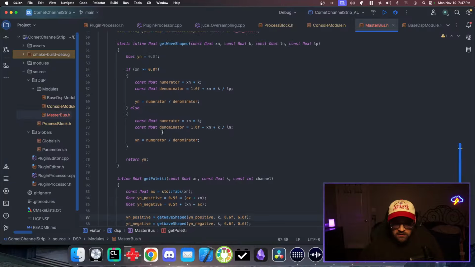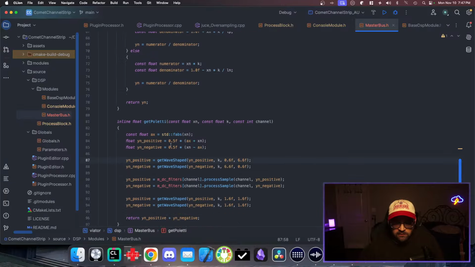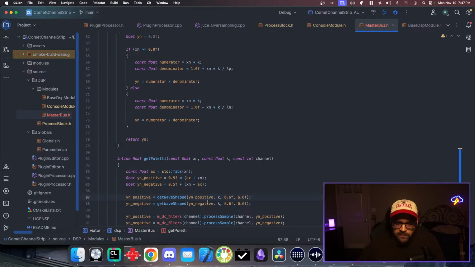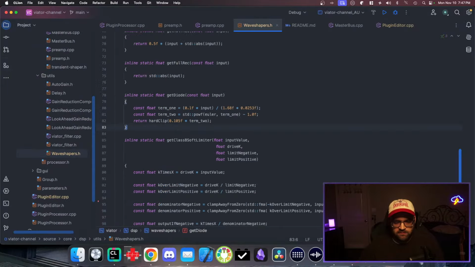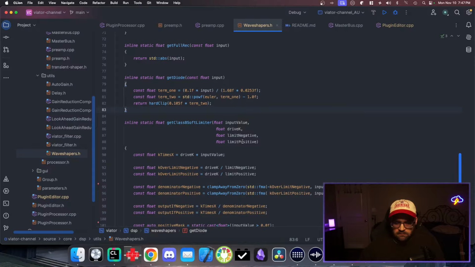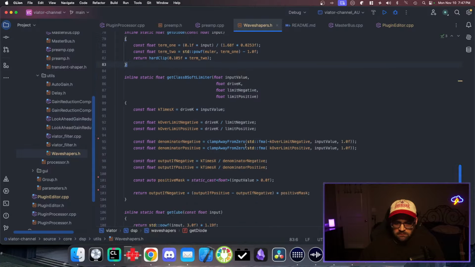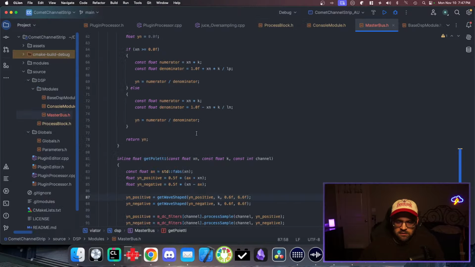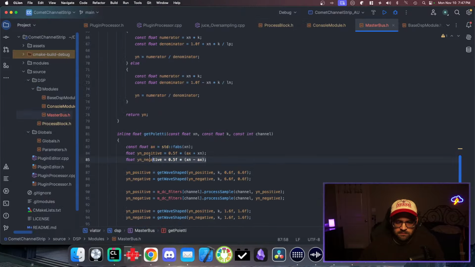Now we can do the same thing for the wave shaper that we did here with the mask. So yeah, let's do that. So we'll basically just take this. Can we do the same exact way? Let me see. I think so. All right, let's do it.